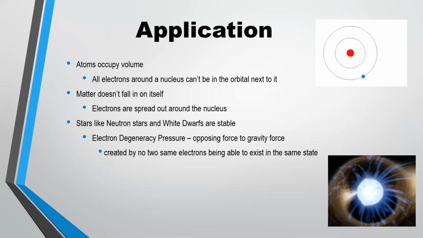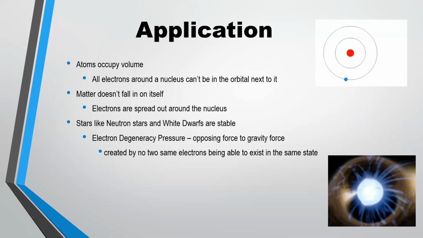This principle also applies in space with stars like neutron stars and white dwarf stars, and it helps them be stable. Their cores are stable because of this principle. This principle is found in what's called the electron degeneracy pressure.